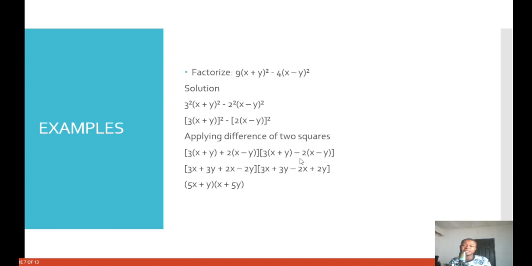So we open the bracket, we take the addition and subtraction, which means that here we have 3x plus 2x, which will give us 5x, and we have 3y minus 2y, which will give us y. We have the same thing for the other side. I will encourage us to check it very well before we conclude our answer.